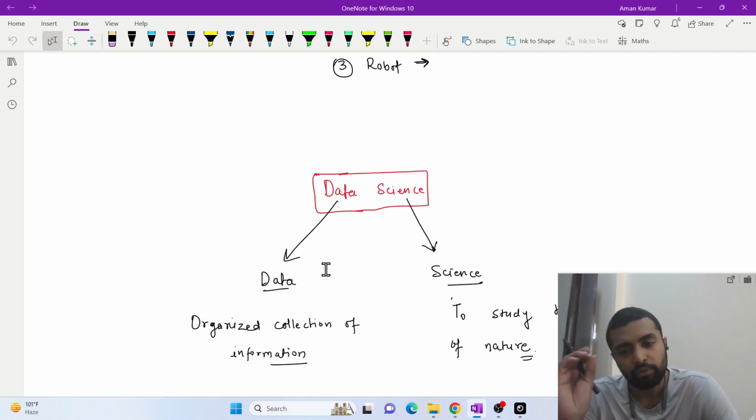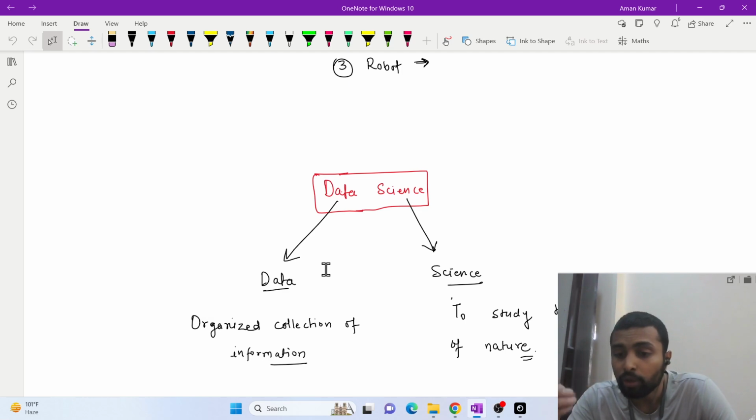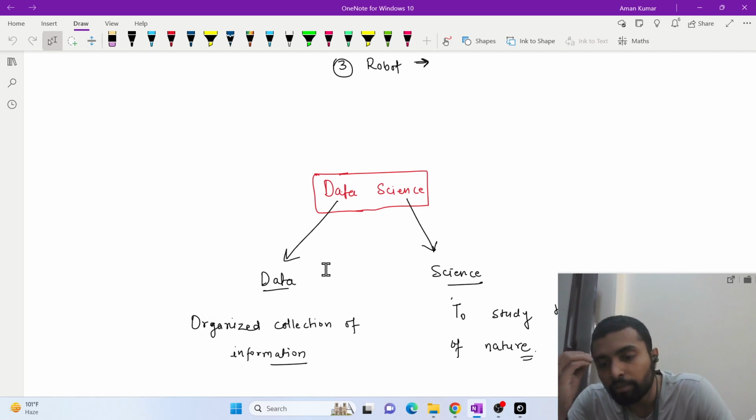So what I want to say, the conclusion, is that data means an organized collection of information. When you have an organized collection of information, you are able to tell something about that data. But when your information is not organized, telling anything is like madness, to be honest.